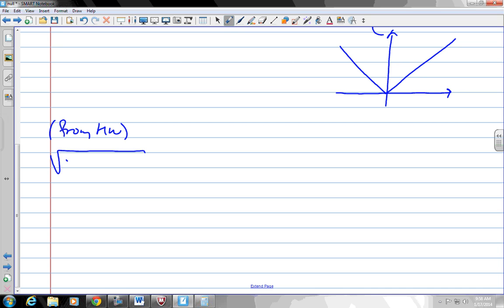Square root of pi squared minus 8 pi plus 16. So I want to simplify that. Now, first, you notice something good about pi squared minus 8 pi plus 16. Is there a quick way, a nice way to factor that? What is it?